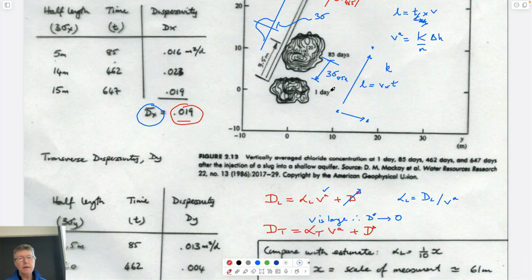So these are both the same granular material, and so if we're looking at this expression to look at the dominance of molecular diffusion over mechanical dispersion, you'd expect that both the ability to spread out laterally and longitudinally as it travels downrange is controlled by mechanical dispersion, not this.